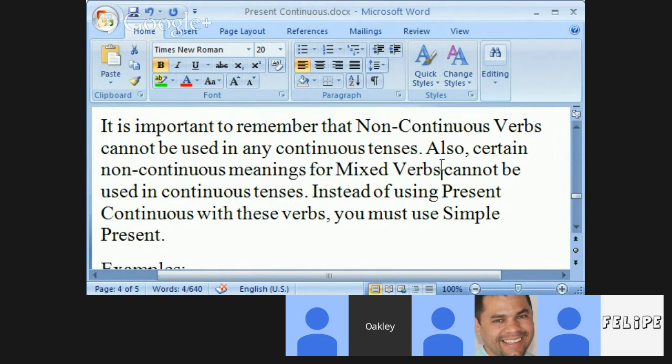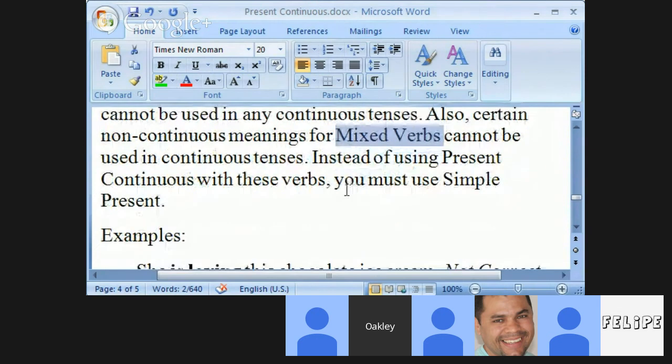Again, there are mixed verbs, verbs that have two different meanings, or three or four, whatever, that may be able to be used in one use, but not in another. Basically, when it's a question of present continuous, you simply revert to simple present.